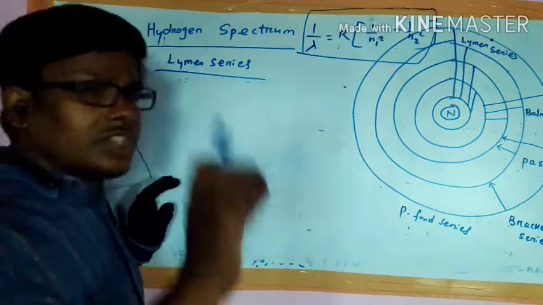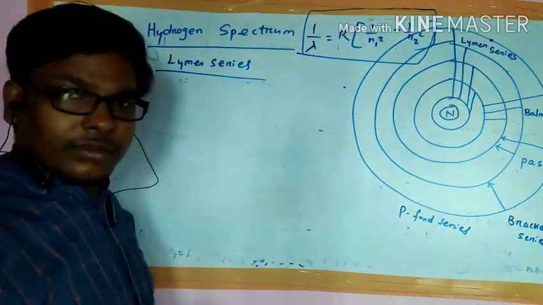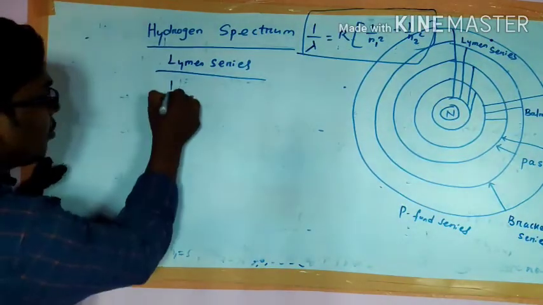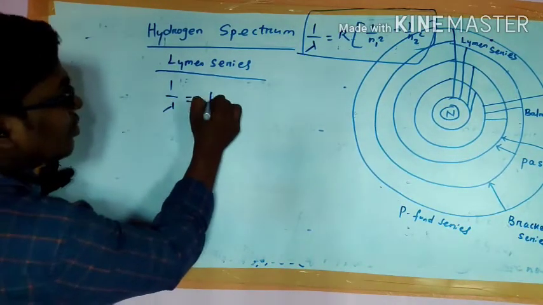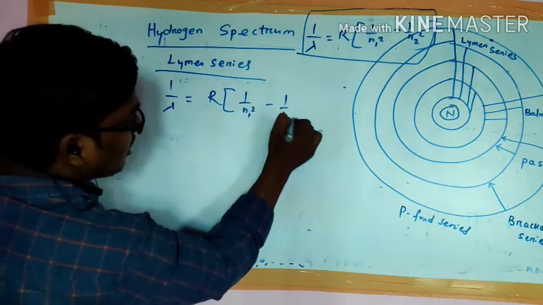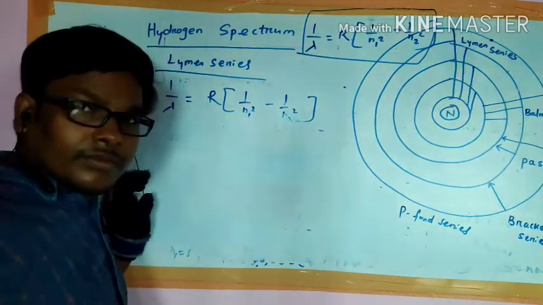This is the definition of the Lyman series. For the Lyman series, the wavelength can be found out as 1 by lambda is equal to R into 1 by N1 square minus 1 by N2 square.